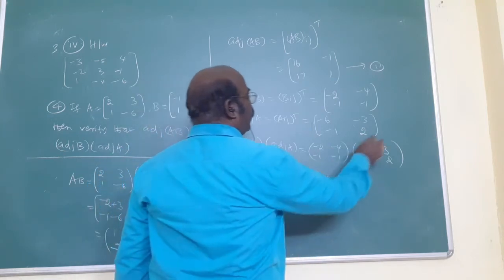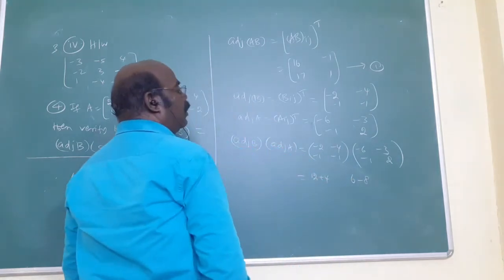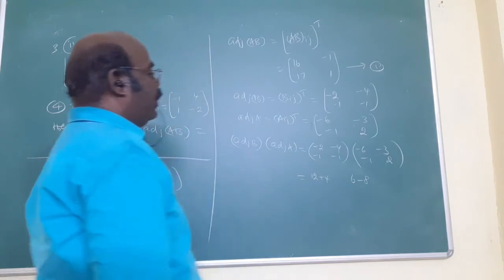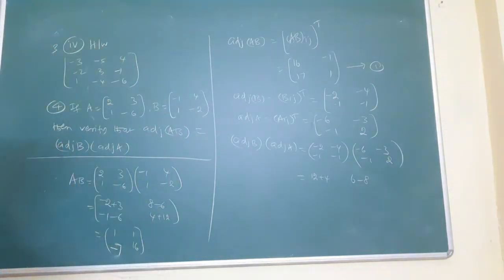Next, first row to second column: 6 minus 8. Minus 6, minus 8. Am I correct? Here actually, adjoint is what? Minus 2.